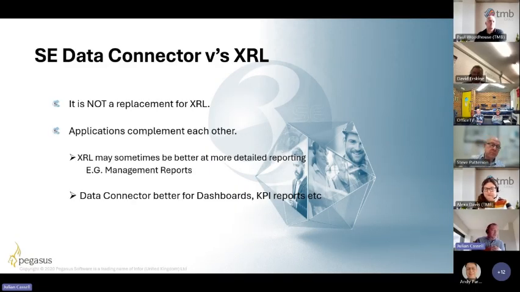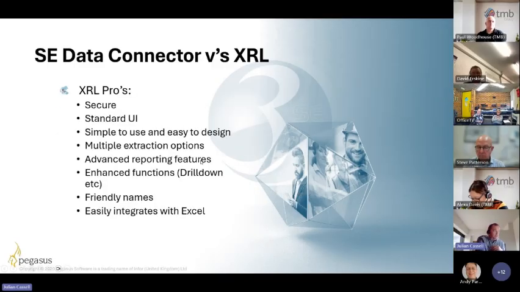They're probably written already. But the Data Connector is very good for short, quick reports, dashboards, KPIs, things like that. Also, because it opens up all the Pegasus data in what we'd call a data lake, it can be accessed by things like Power BI, so you can report from those tools on a mobile application, which I'll show you a little bit later.